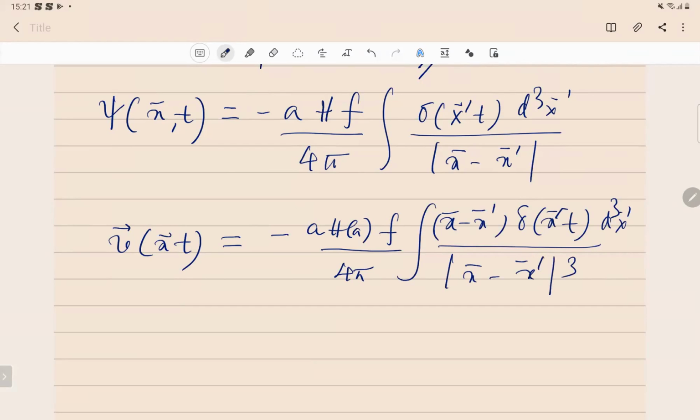Just a standard formal way of writing it. So the peculiar velocity field is now completely sourced by the dark matter over density, and you can formally integrate this and get the peculiar velocity.